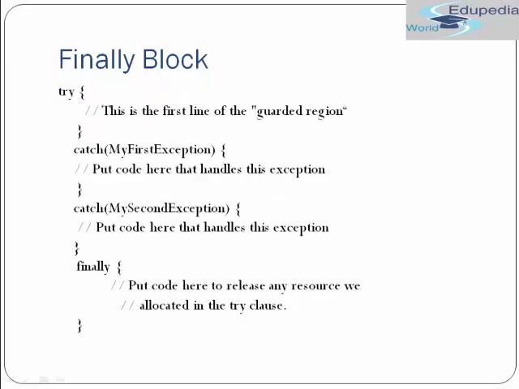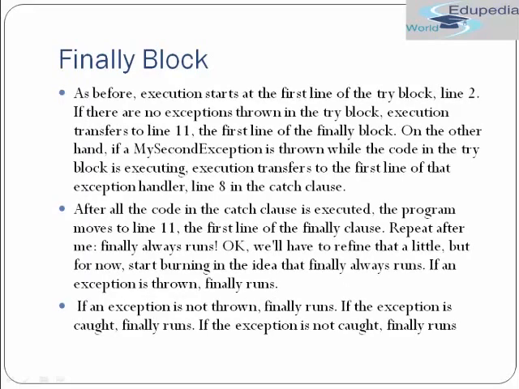So here you can see the finally block. It starts with try, and the first line is of the guarded region, then you can go to catch and this is my first exception. Then there could be my second exception, which could be any exception, and after that you can put your finally block to put the code to release any resources we allocated in the try. As before, execution starts at the first line of the try block, line 2.